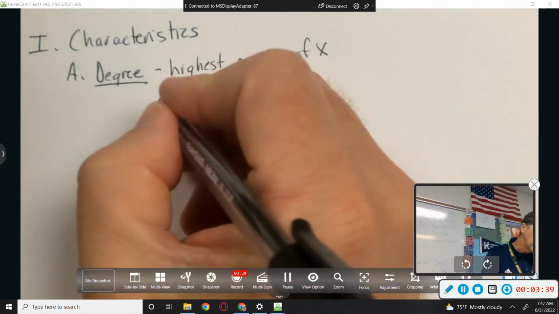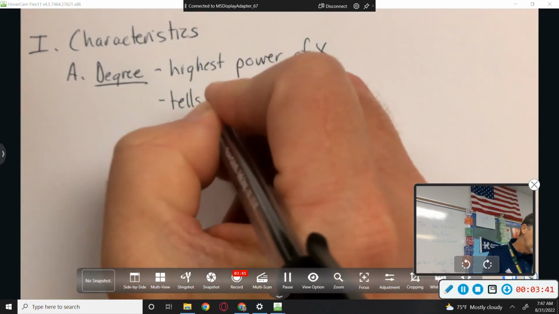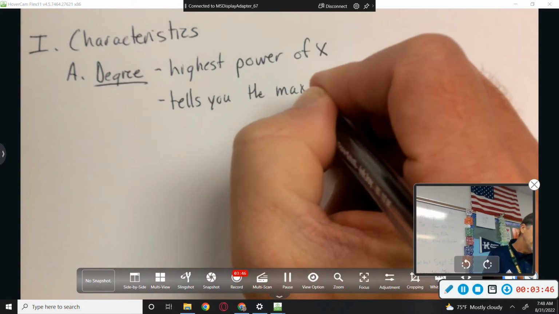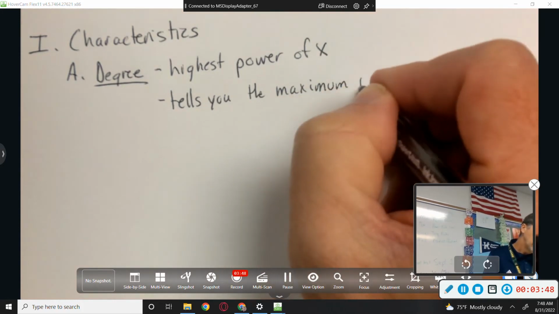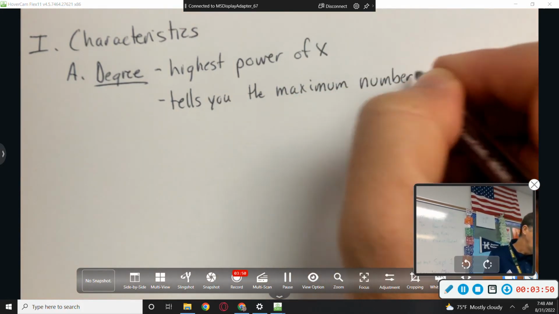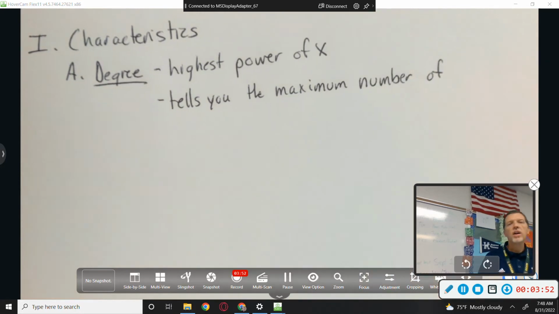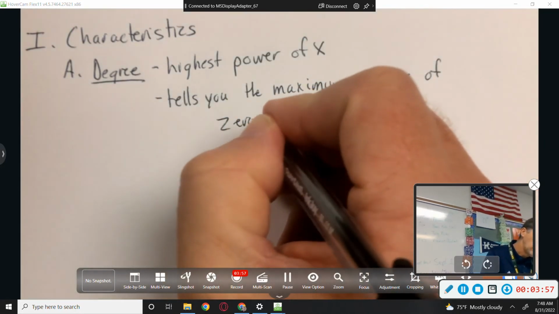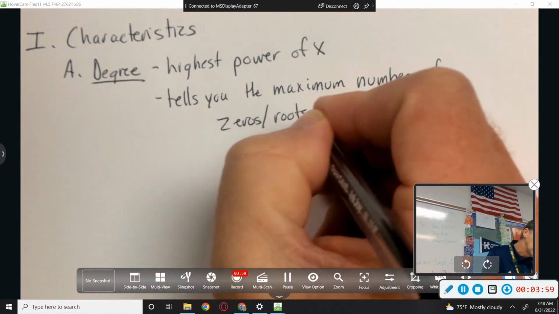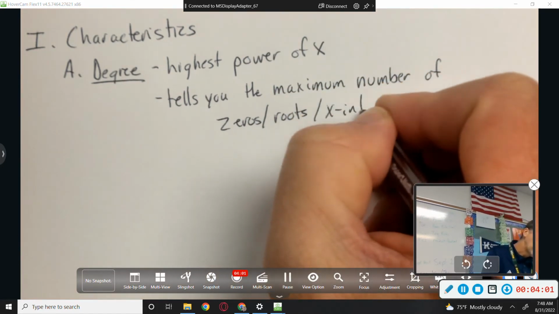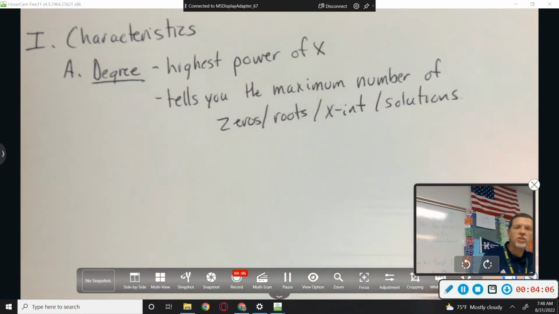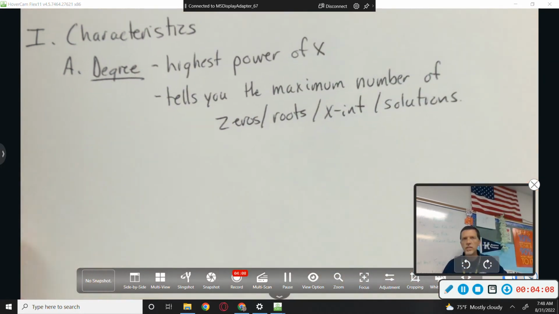And it tells you the maximum number of zeros, roots, x-intercepts, solutions, like all those words that we use interchangeably. The degree tells you how many solutions there are.